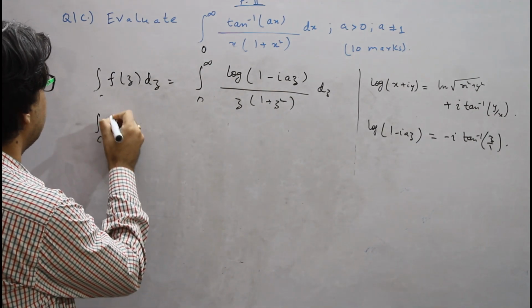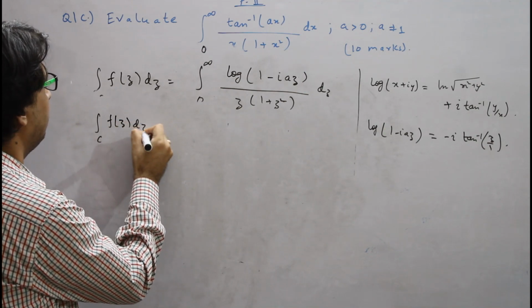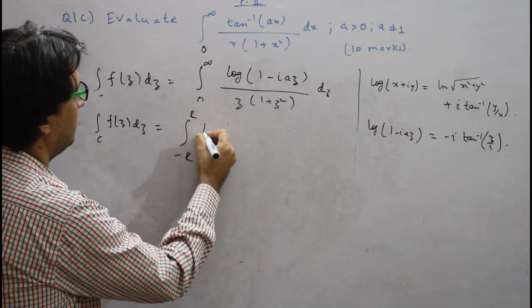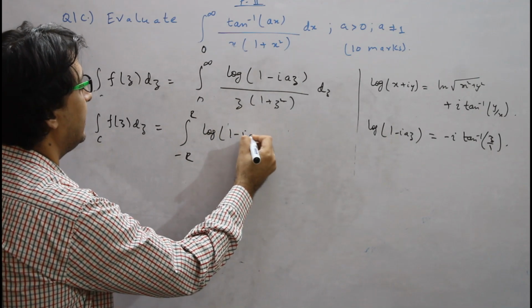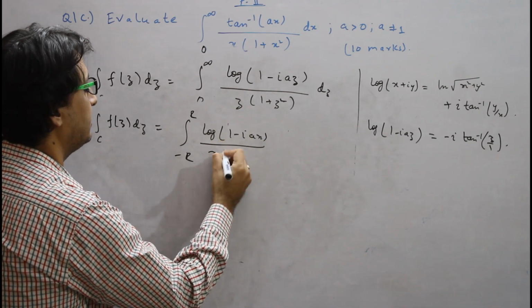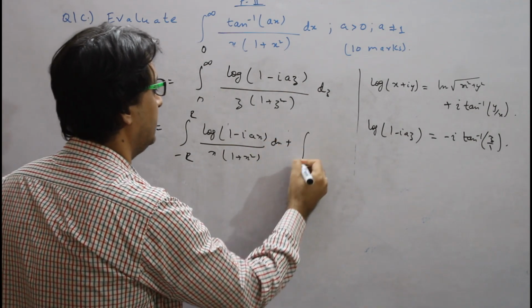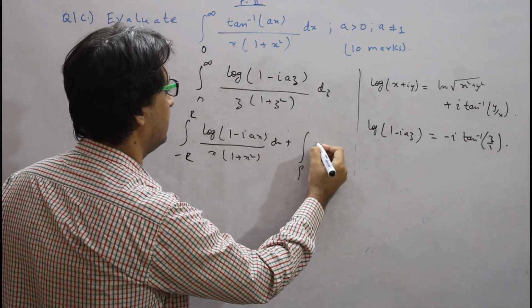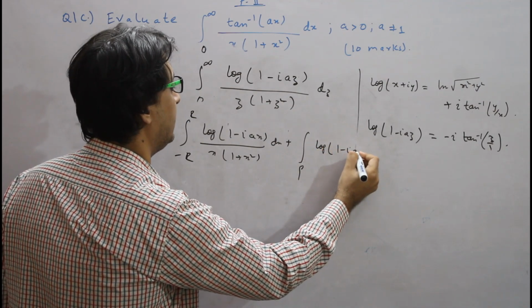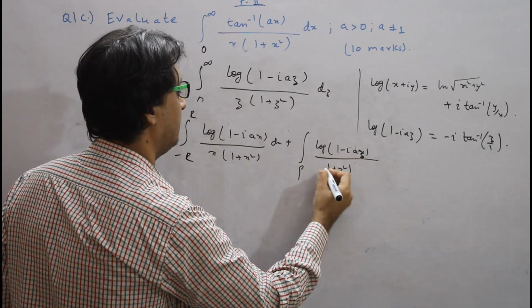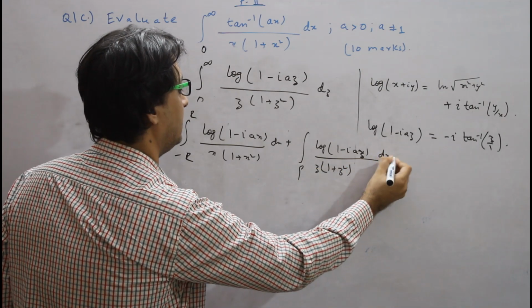So we can use this as f(z), p(z) by Cauchy residue theorem. Minus r to r log of (1 minus iax) divided by x into (1 plus x squared) dx plus the integral on this contour of log(1 minus iaz), taking the z over here.